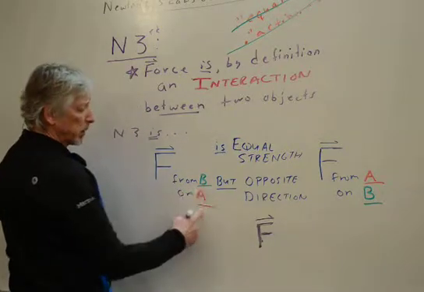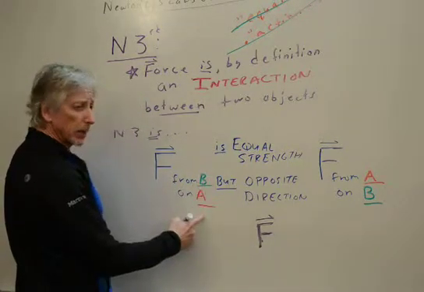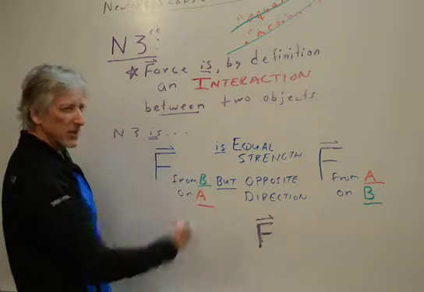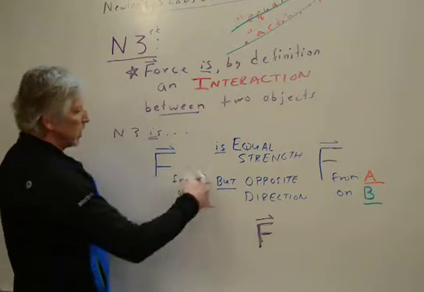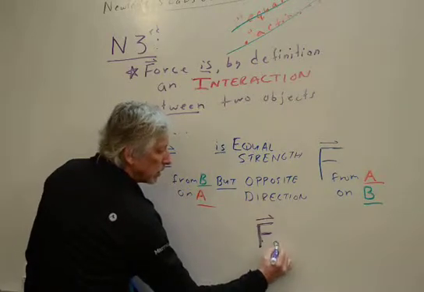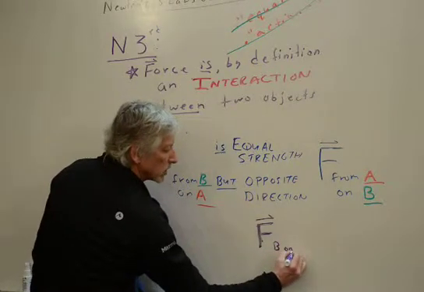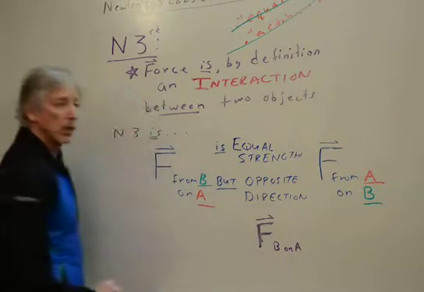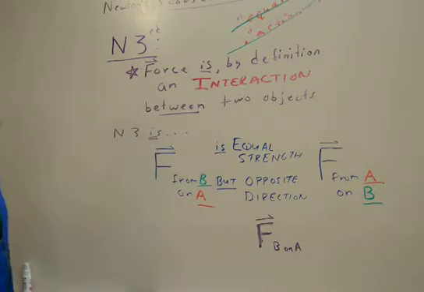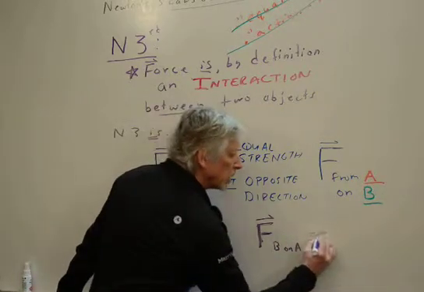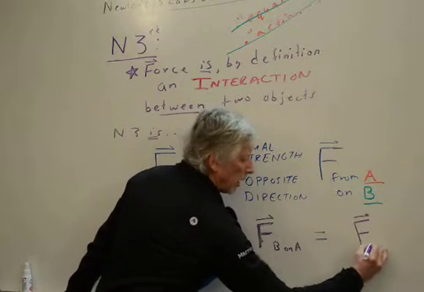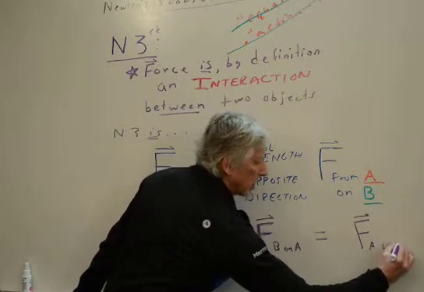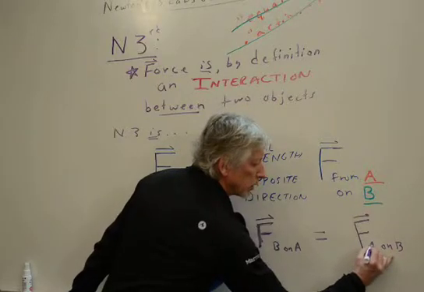Now some people would put the B first and the A next, or some people flip it. So you have to look at your paper or your text and see how they're using this. But I'll do from B, and we could even just help ourselves with B on A. That works pretty well. Force B on A equals force A on B. Now that's wrong.